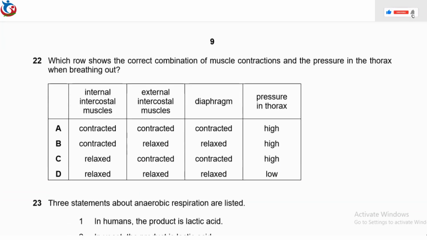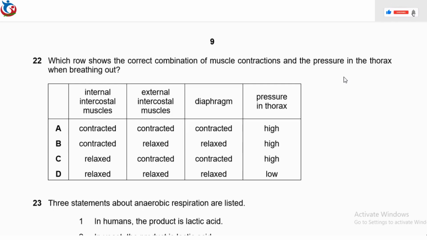Question 22 says, which row shows the correct combination of muscle contractions and the pressure in the thorax when breathing out? So when breathing out, the internal intercostal muscles contract, external intercostal muscles relax, diaphragm relaxes, and pressure in the thorax is high.